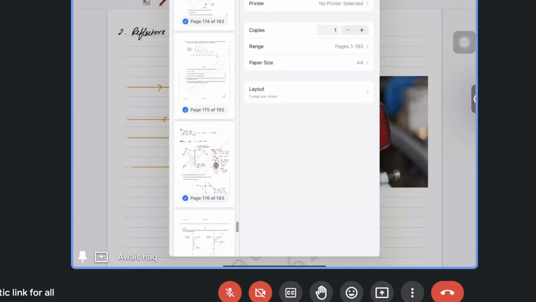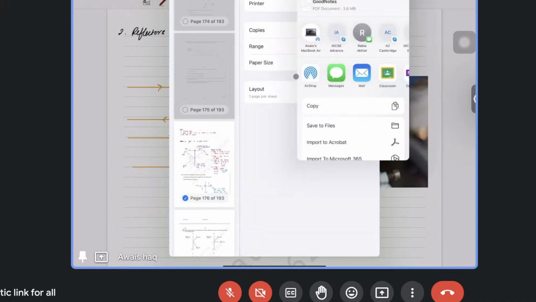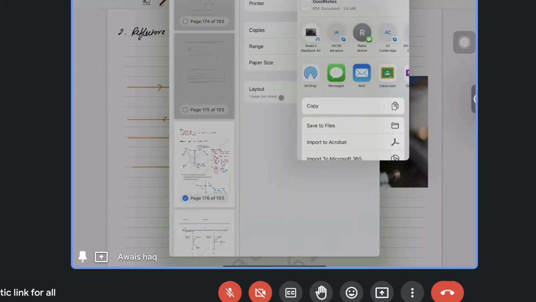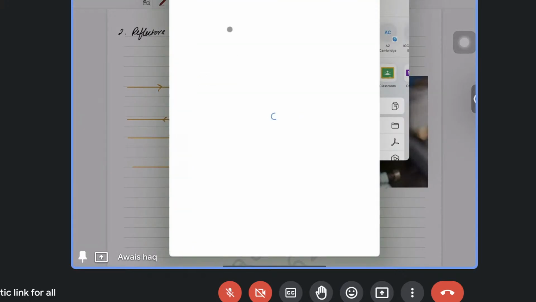At 176 to 193. 176. Okay, perfect. And that goes to Google Classroom. I hope it loads too.